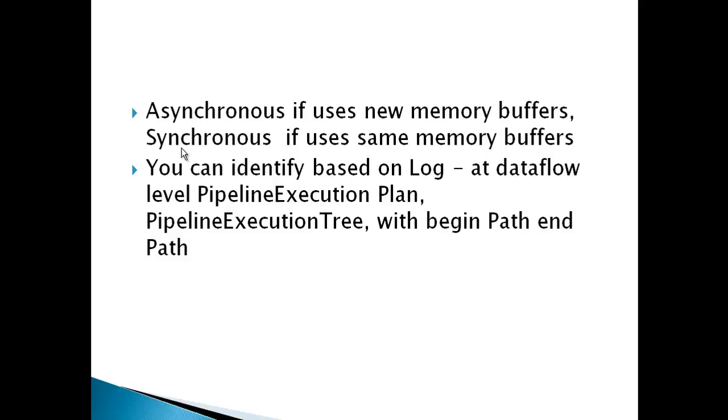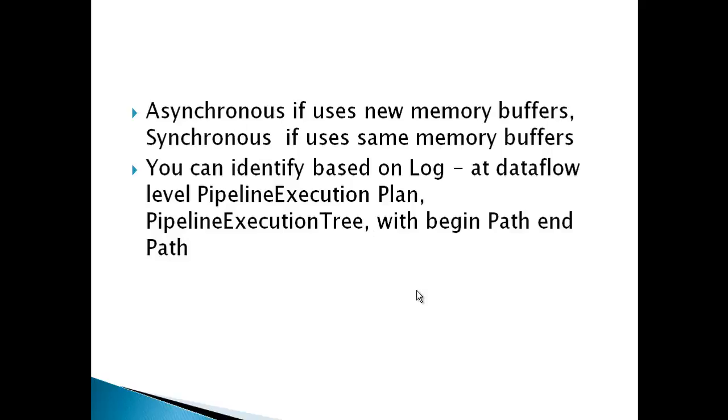Examples of synchronous transformations can be character map or derived column, and examples of asynchronous transformations can be sort, merge, merge join, union all, aggregation transformation, etc.